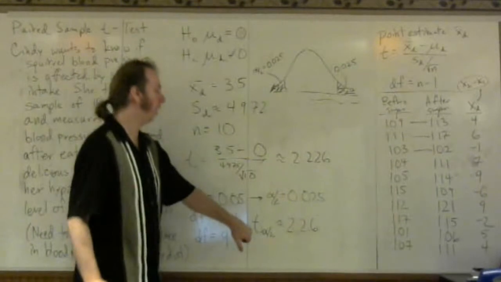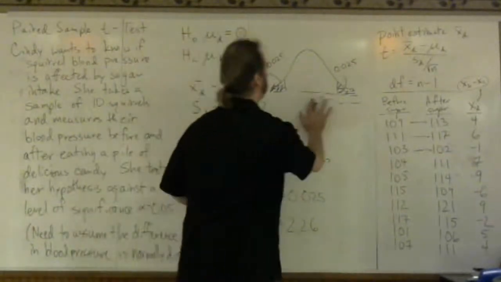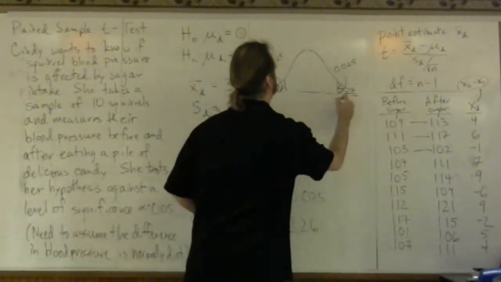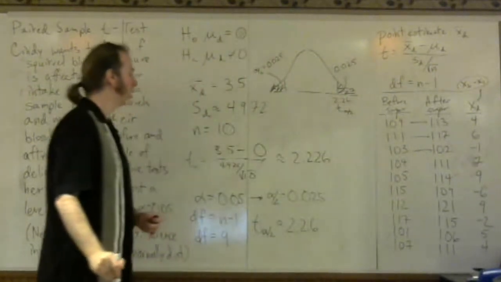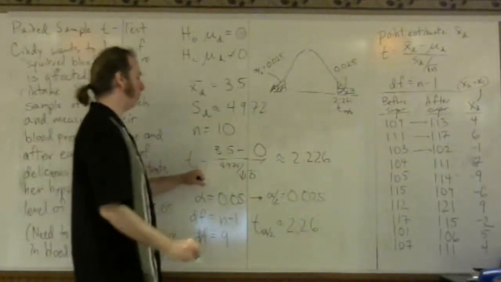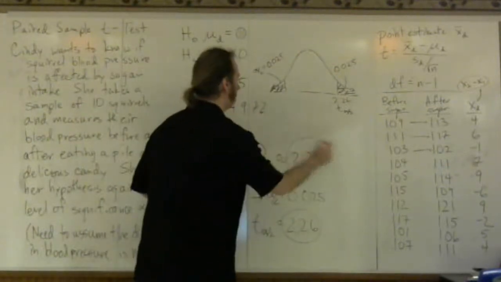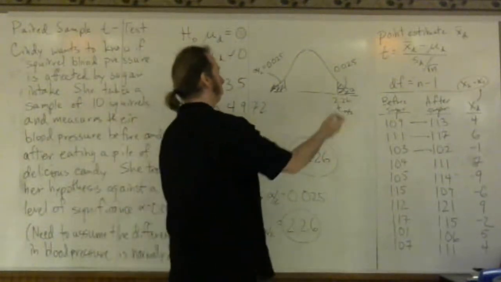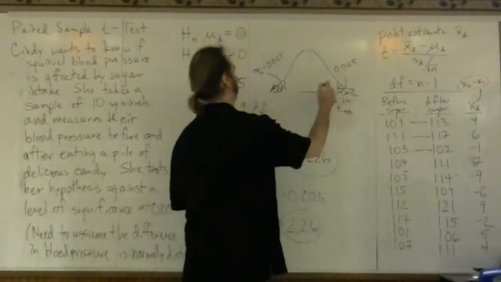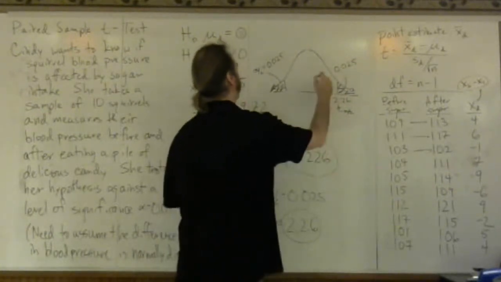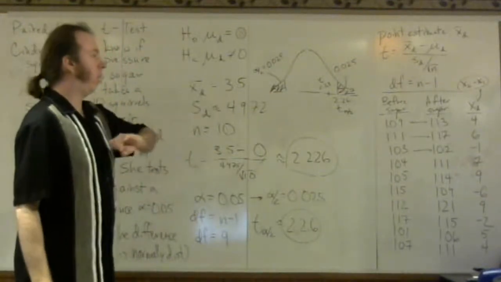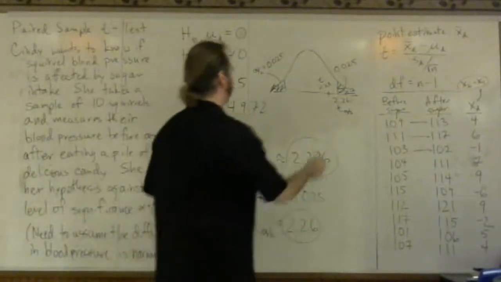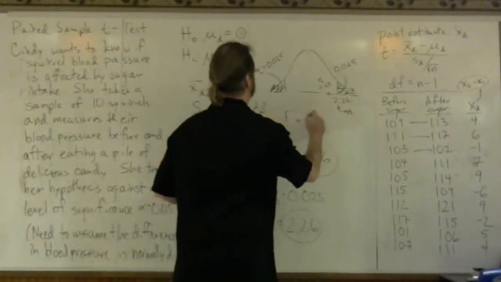So this is the t-value that determines my critical region. My t-value is 2.22, 2.23, so it's a little bit to the right of that. And for this particular case, I failed to reject the null hypothesis.